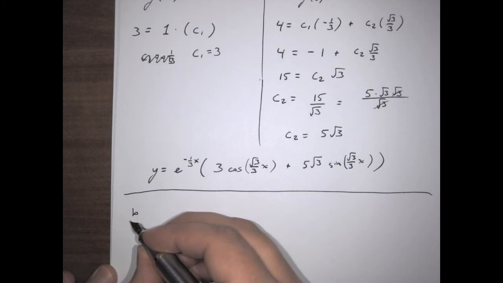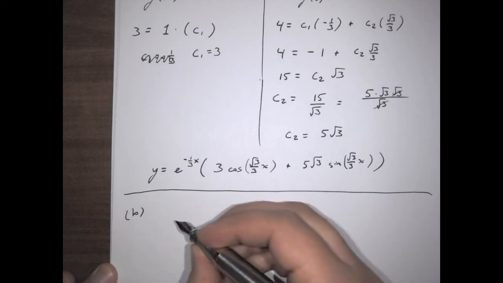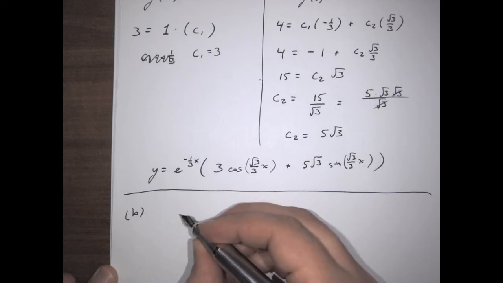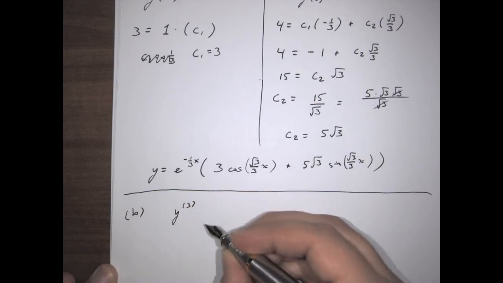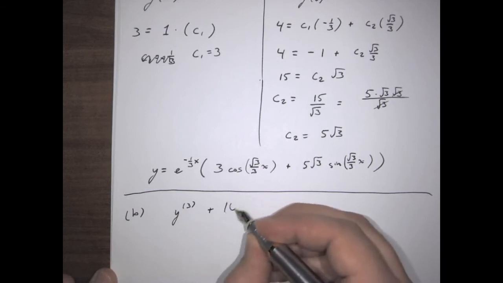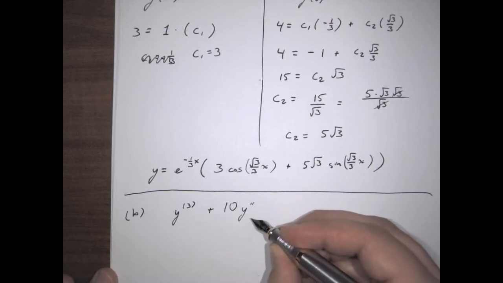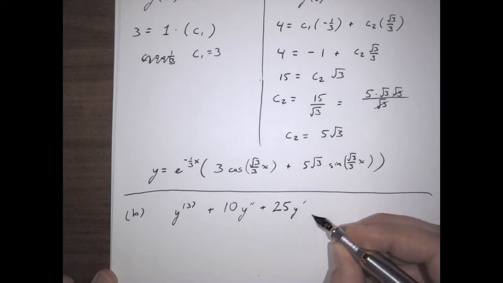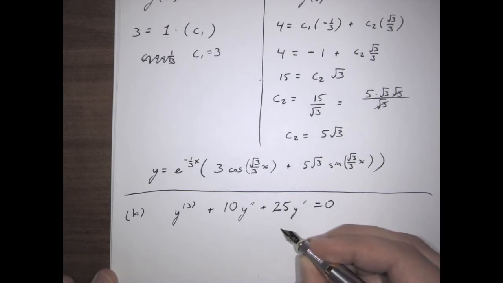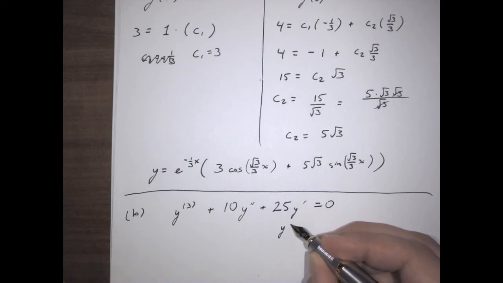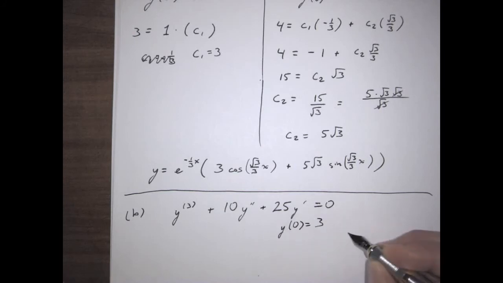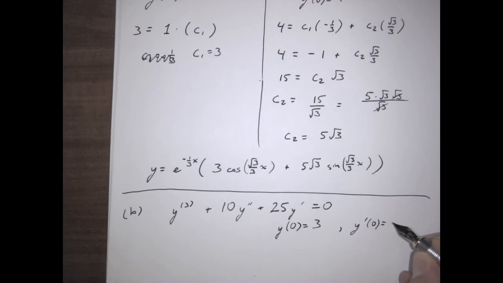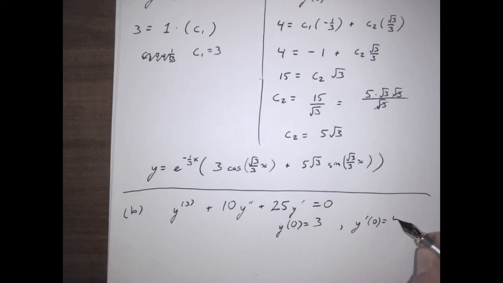So let's try this as example B. Let's go: y triple prime, so the third derivative of y, plus 10 y double prime plus 25 y prime equals 0, with the initial conditions of y of 0 equals 3, y prime of 0 is equal to 4, and finally y double prime of 0 equals 5.